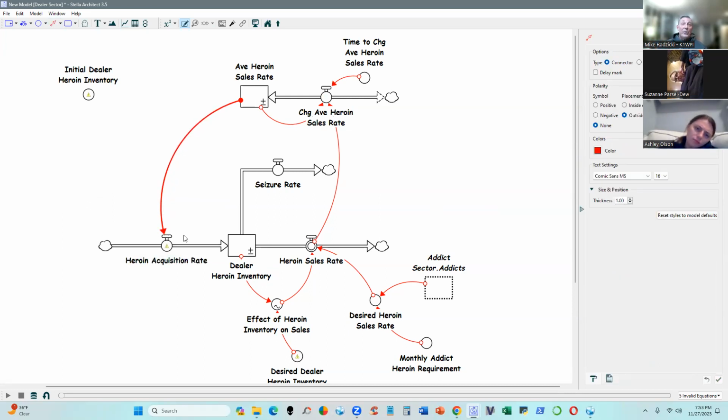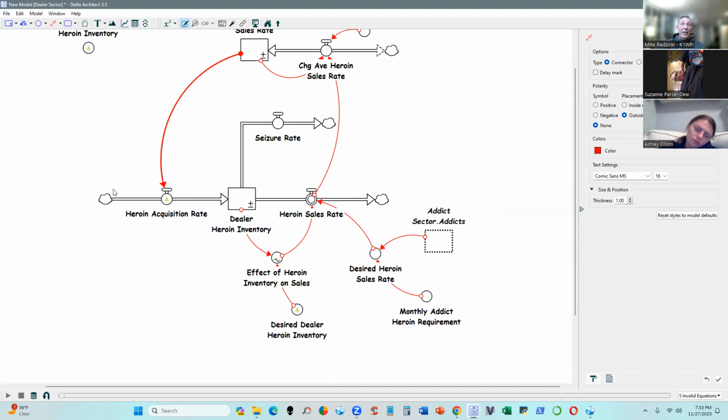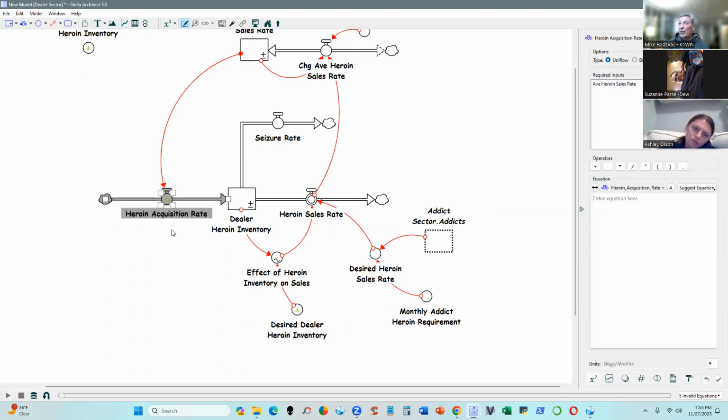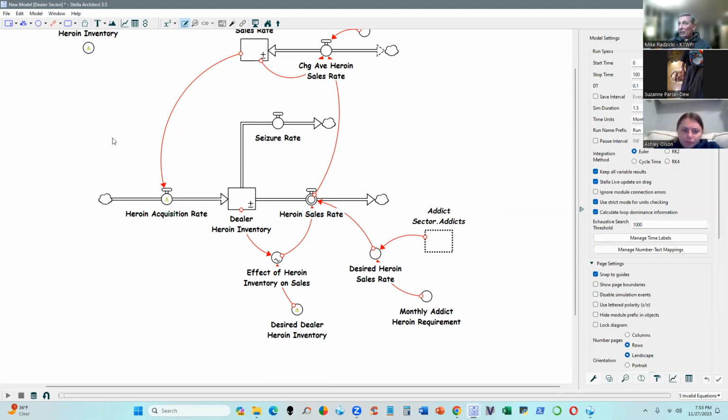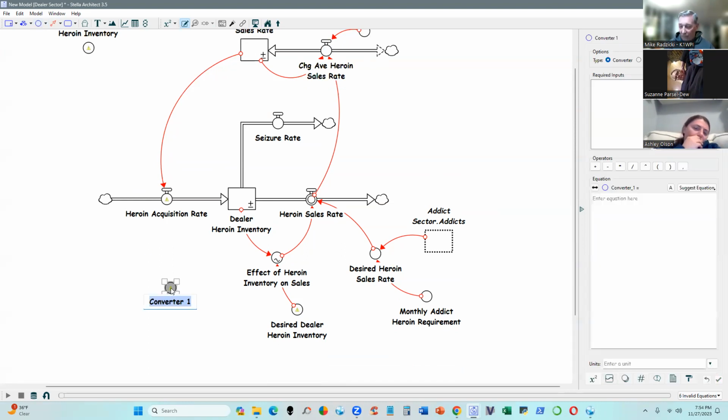Yep. So then we said in a system dynamics ordering function, there's a pattern. We're going to do a modest pattern. There's a more sophisticated one, but that's for the advanced course, the next course. So what we'll say is correction for heroin inventory.